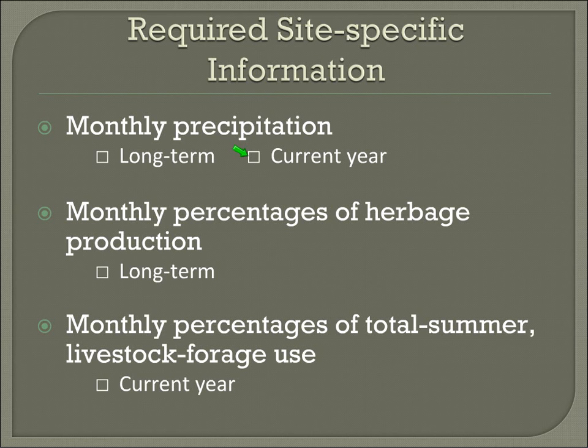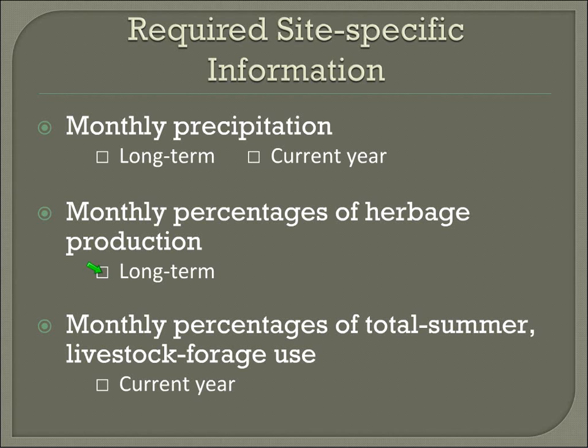The next kind of site-specific information that you're going to need is the monthly percentages of herbage production. And you could use the web soil survey site to acquire these values, but I would encourage you to begin first by working with your local NRCS range management specialist so that you can get the values that are needed to complete column number 5 on the CFR worksheet.